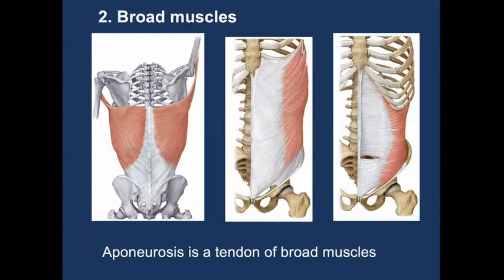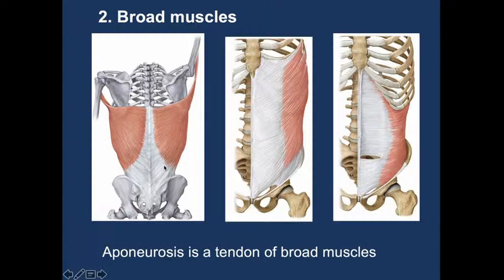Sometimes we find broad muscles in our body, like musculus latissimus dorsi in Latin, musculus obliquus externus abdominis, or musculus transversus abdominis. A lot of broad muscles are located in our abdominal part of the body, or on our back.